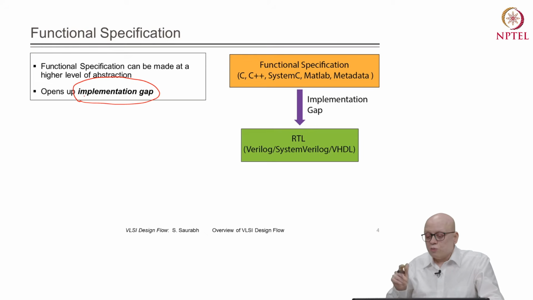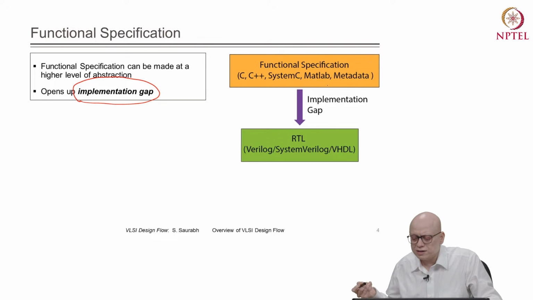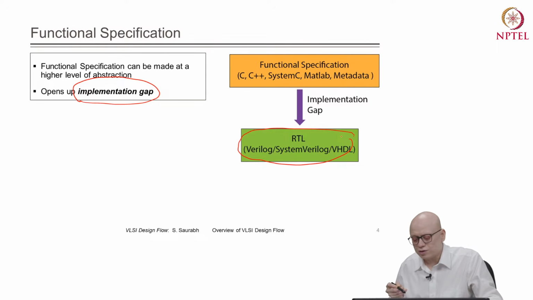So we write a functional specification in C, C++, SystemC, MATLAB, or it can be a model, and finally we need to convert it into an RTL, which is typically in Verilog, SystemVerilog, or VHDL, right? So this conversion needs to be done, and that is what we mean by implementation gap, right? Now this is an important implementation gap.